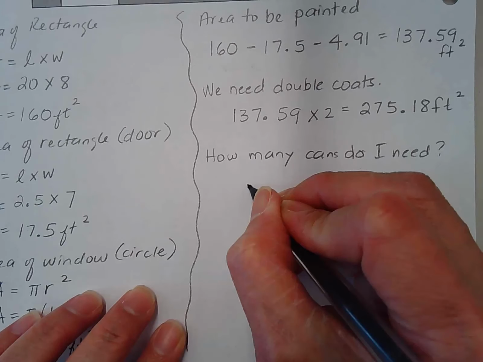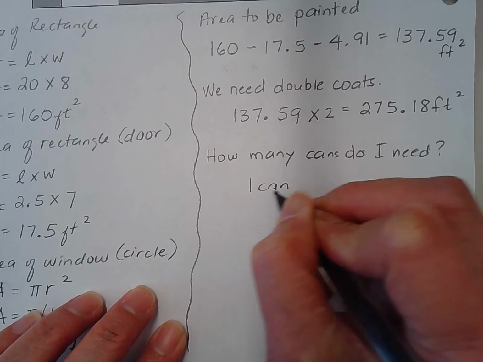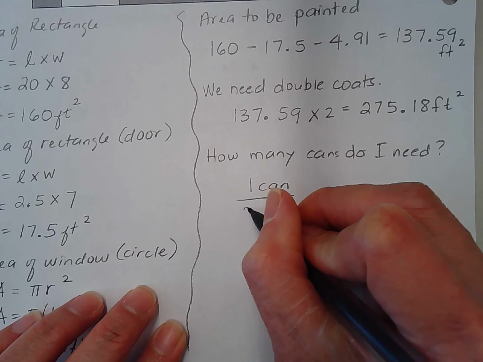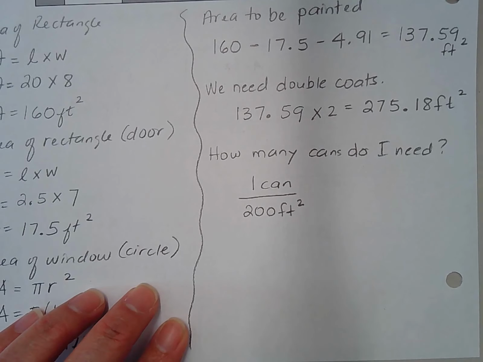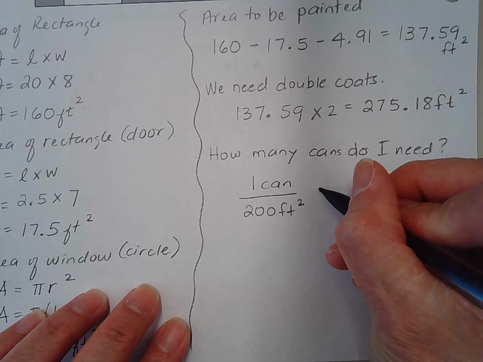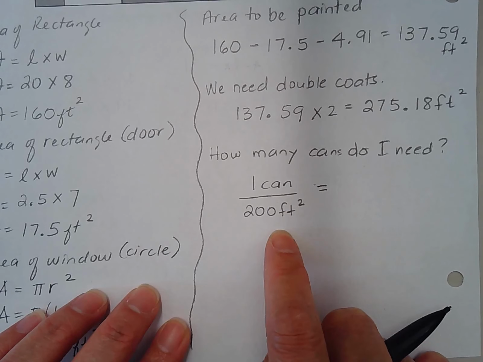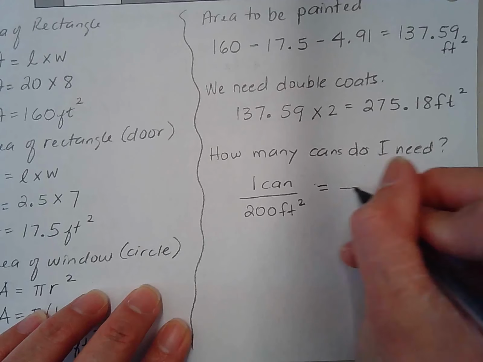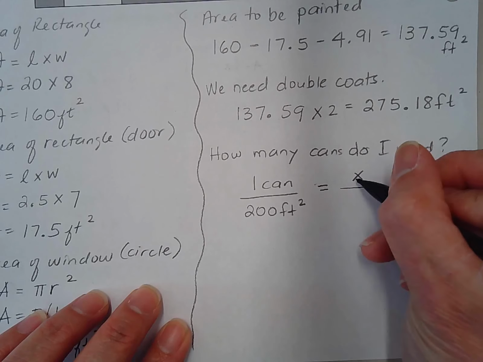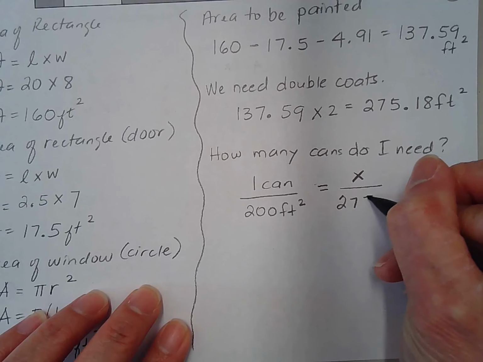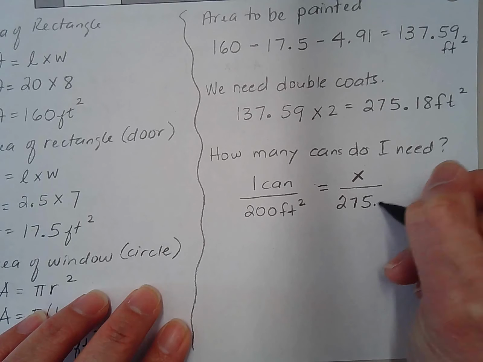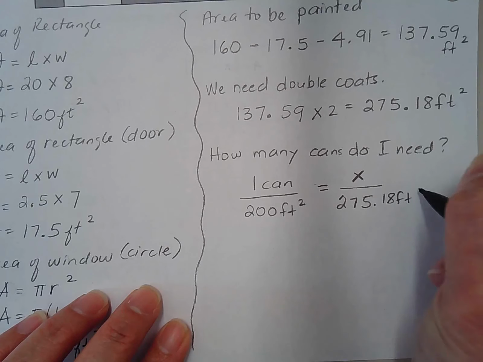So we know that if one can covers 200 square feet, we're trying to solve a proportion type of question. One can per 200 square feet, then how many cans, so X number of cans, do I need for 275.18 square feet?